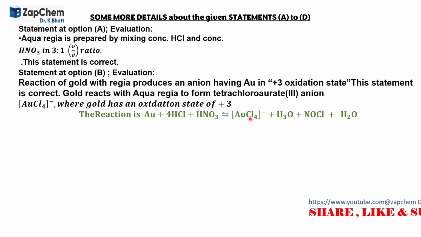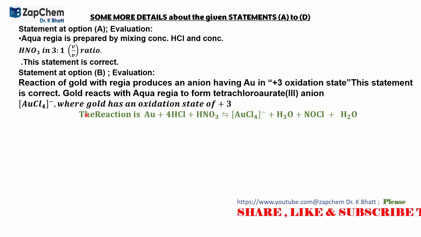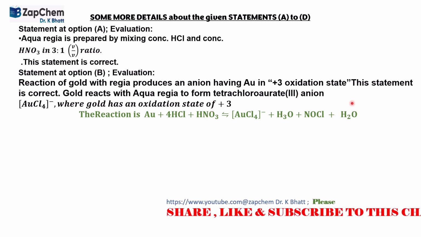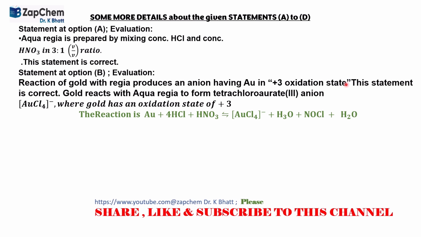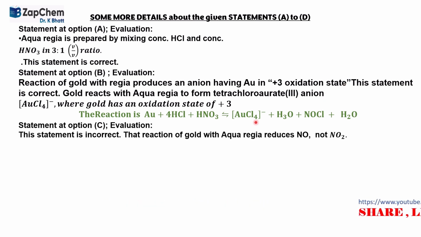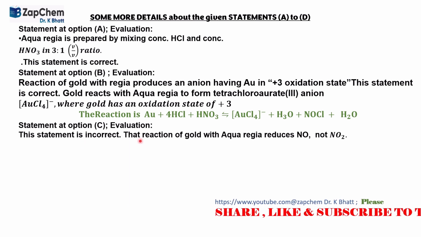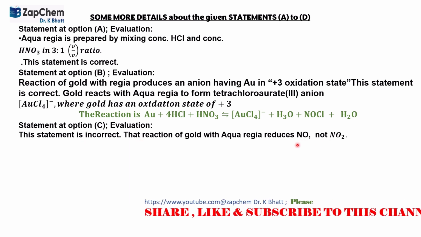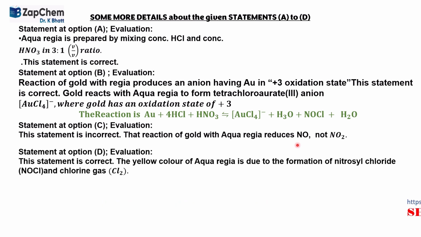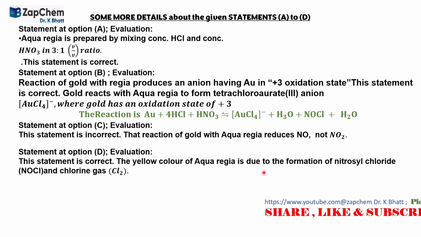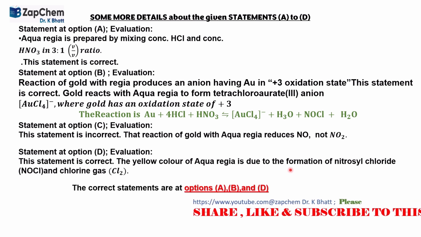You get chloroauric acid, where chloroaurate ion, tetrachloroaurate ion, in which gold is in the +3 oxidation state. And the statement at C is incorrect because you get NO and not NO2. Similarly, statement D is correct. The yellow color is due to the formation of nitrosyl chloride.